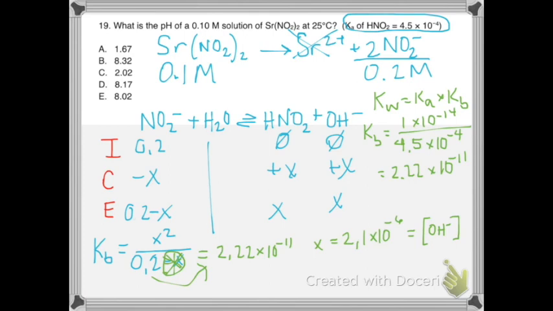So when we go ahead and take the negative log of that, we'll get pOH is equal to 5.68, and pH is then equal to 8.32. Bam, that's B.